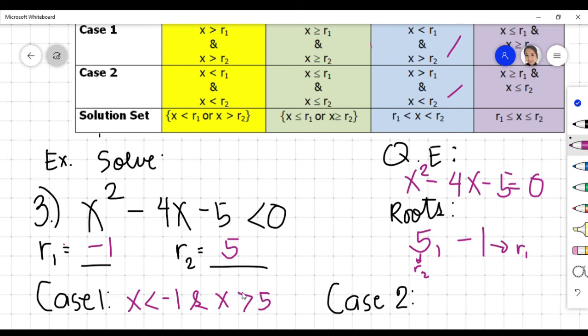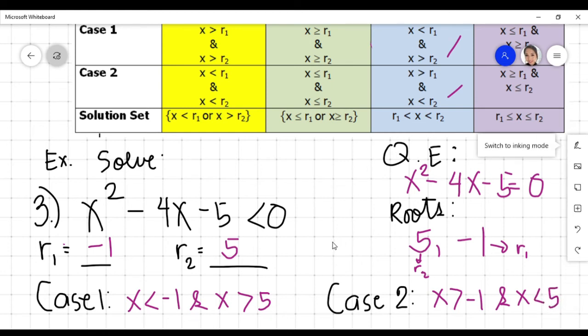Take note, it is greater than positive 5. And for case 2, x greater than R1, which is negative 1, and x less than R2, which is positive 5.